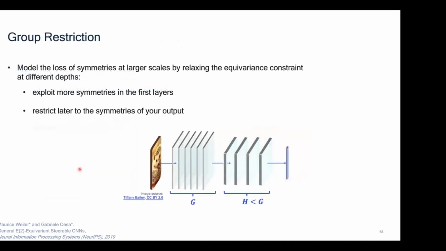So this is one of the ideas we try to exploit in our works through the group restriction operator, which essentially just means building a deep convolutional neural network and having different layers equivariant only to the group we expect to see at the field of view of the neurons in that layer. So the first layers are going to be equivariant to all the rotations because they only see local patterns, while the final layers are only equivariant to mirroring of the images.